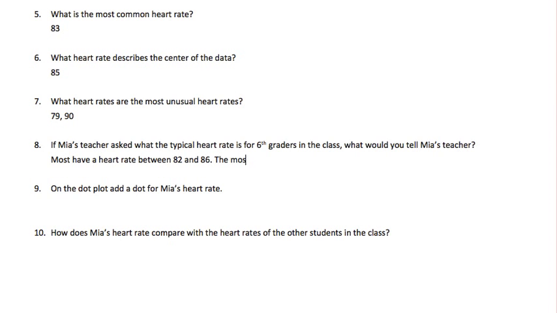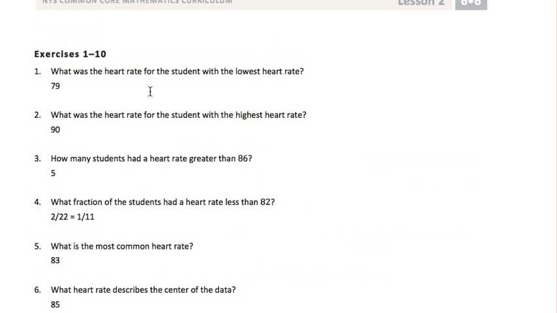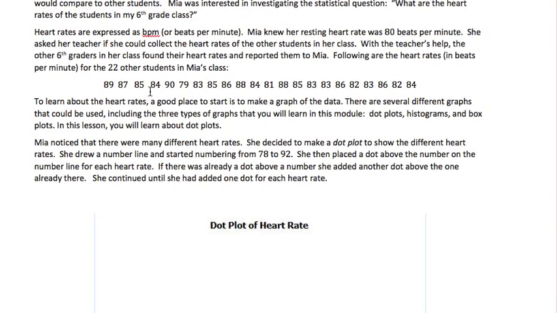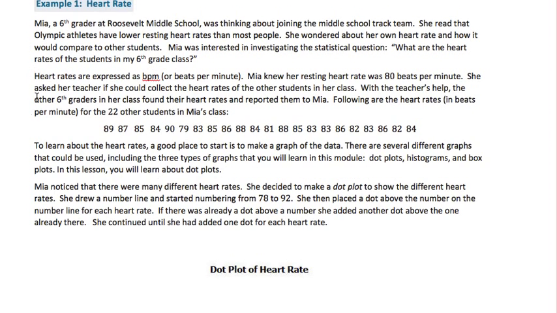And the most common is 83. Then we needed to add a dot for Mia's heart rate. And remember, Mia's heart rate was 80 beats per minute.